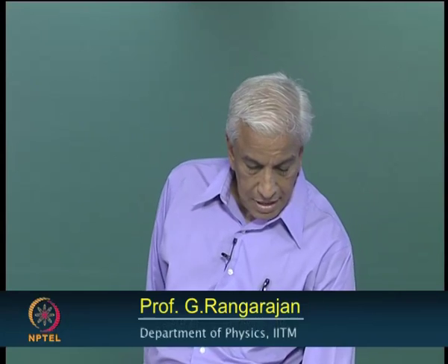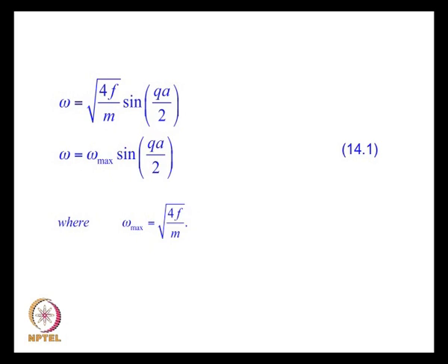So, last time we discussed the case of vibrations of a crystal lattice, in particular an infinite one dimensional lattice of identical atoms, and considered what would be the normal modes and the frequencies of these modes of vibration.